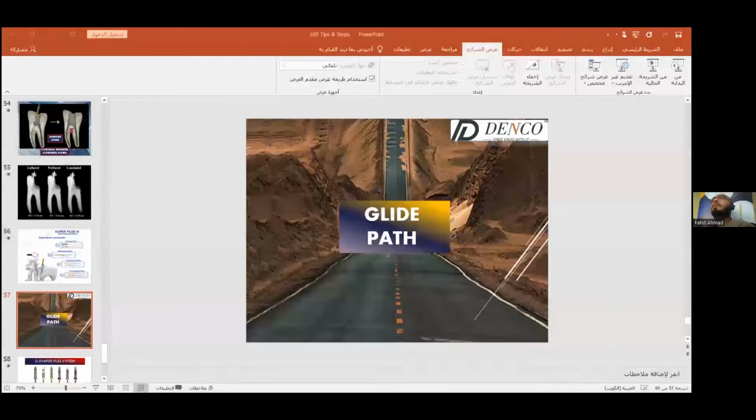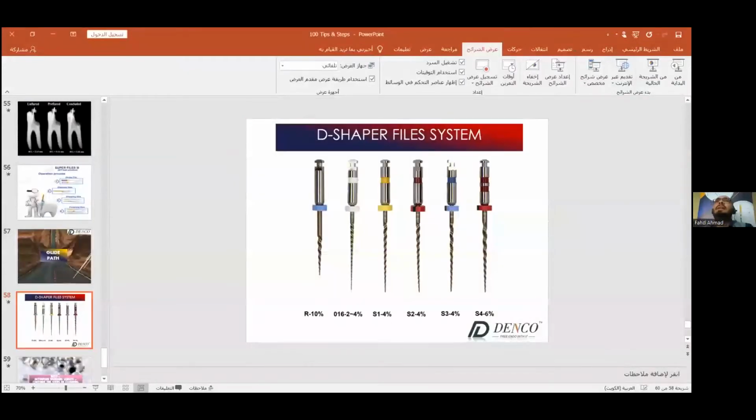Finally I use, like we see, S2 taper 4. It's enough for me to get a good obturation of the canals. Then start with obturating the canals.